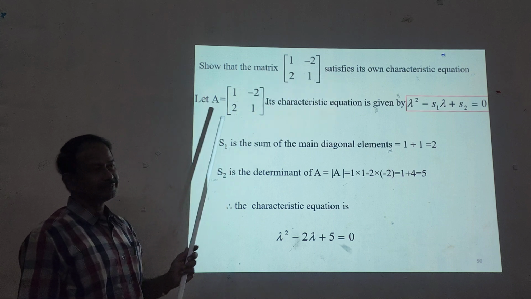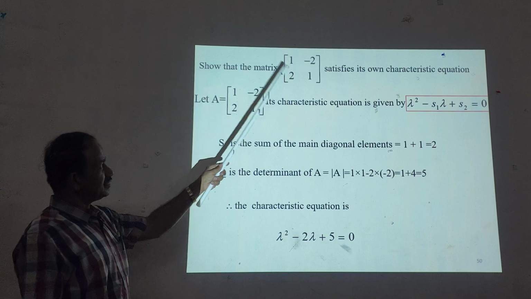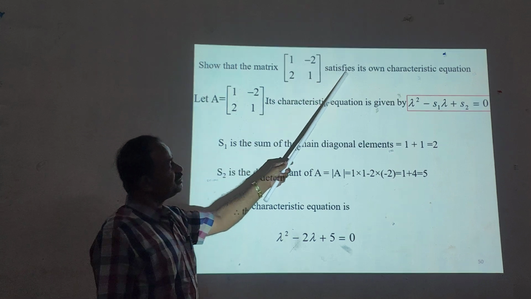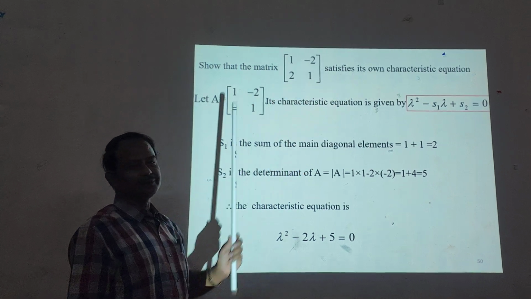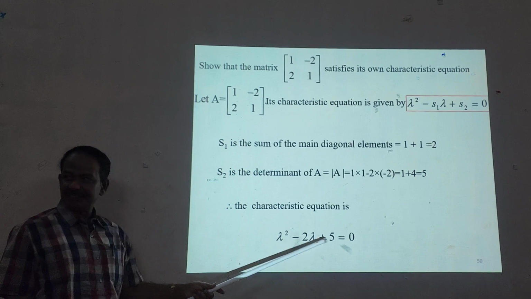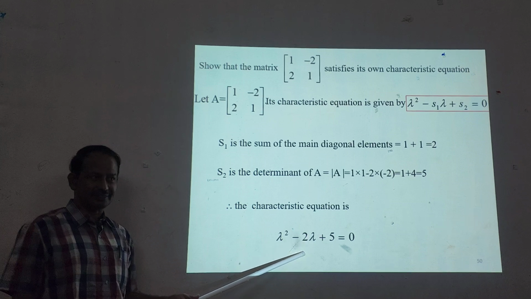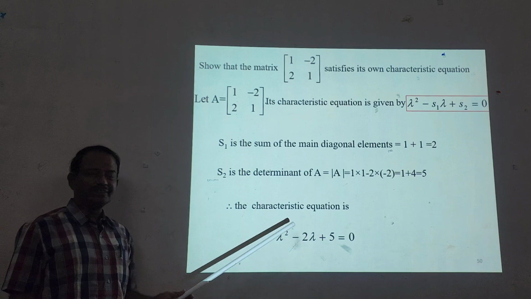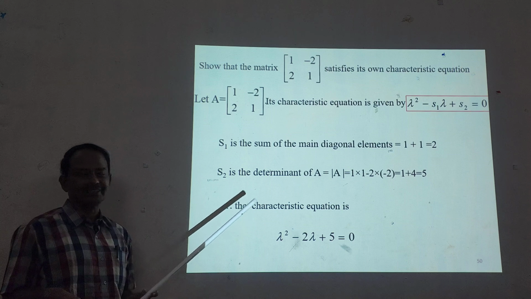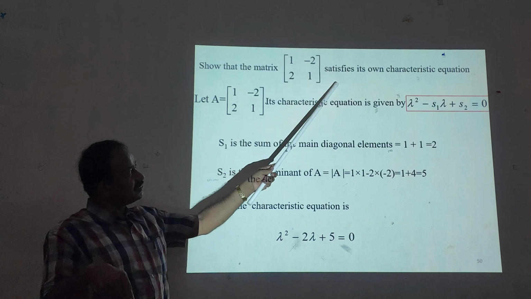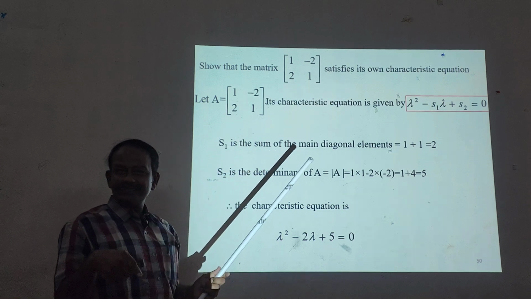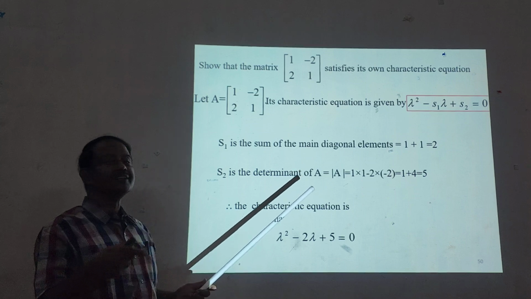Look at the word. Show that this matrix satisfies its own characteristic equation, whether it satisfies this characteristic equation or not. The question is different. So it is not asked to find the characteristic equation. It is asked whether it satisfies the characteristic equation or not.